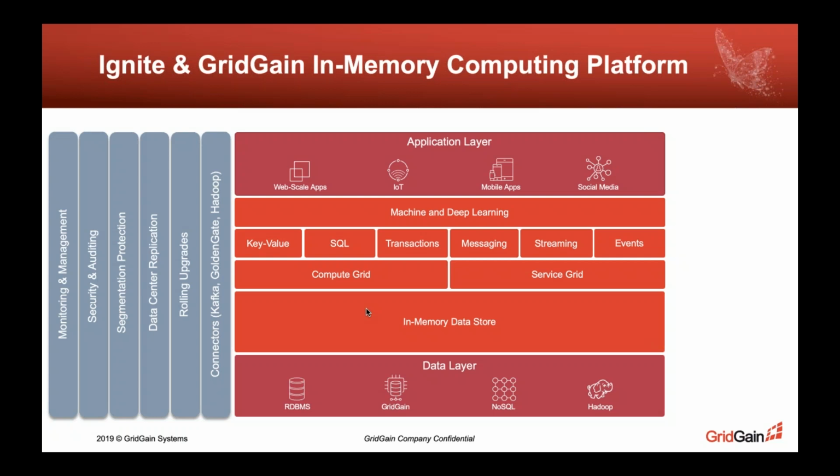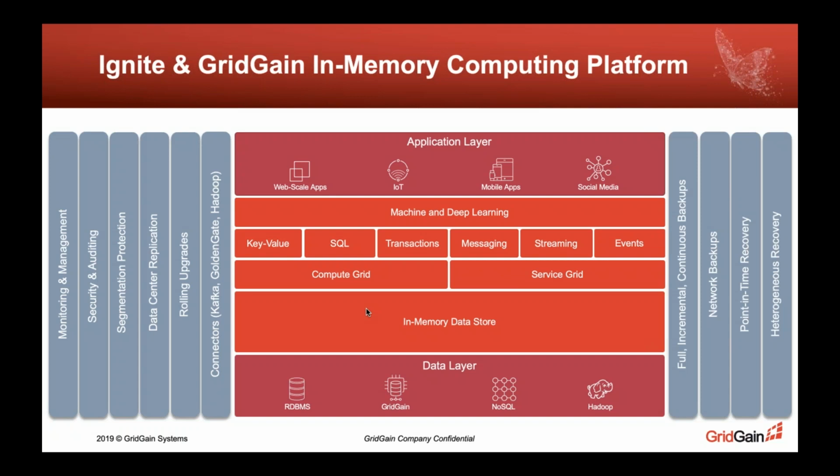We also support the ability to replicate the grid and its data across different regions. And then we also build on top of Ignite Persistence to provide some additional enterprise features around snapshots, point-in-time recovery, things like that. So that's the basics of the platform itself.